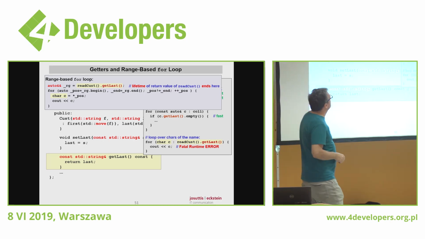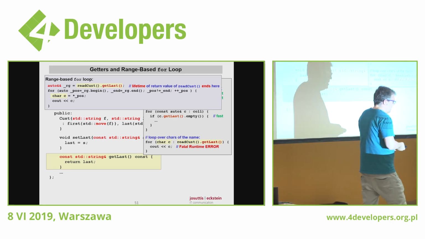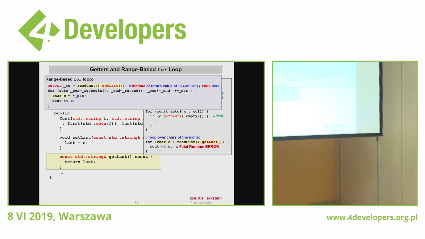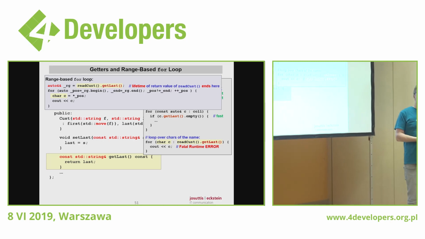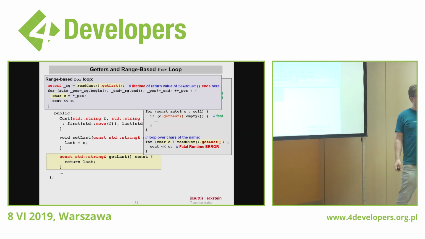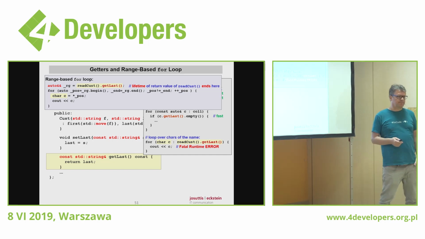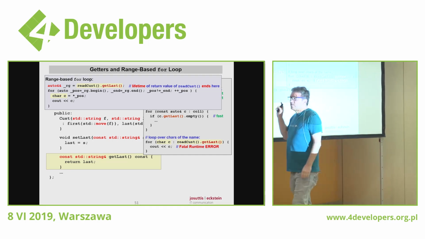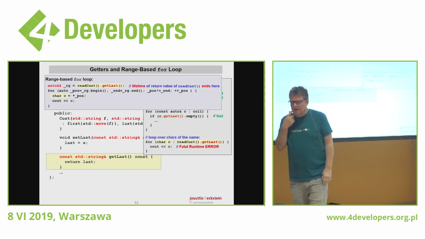It might work if we accidentally still find our characters there, but you might get a core dump, and as you know by Murphy's Law, you will get the core dumps when you release your software in production. So don't do that. This is a general problem we have in C++.